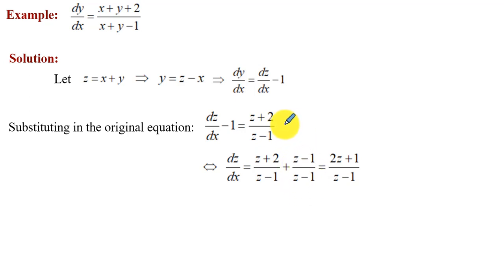So I'm adding 1 on both sides here, and I get a 0 this side, plus that dz/dx becomes dz/dx. But this side, my 1, I decide to write in this form as (z minus 1) over (z minus 1). Simplifying these two terms, I simply get a single term of this nature. And actually, I can see now that we are at a position where we can separate variables.